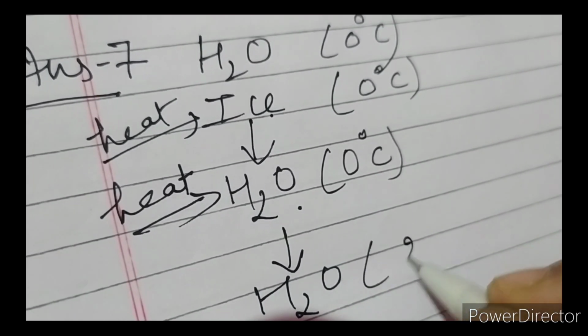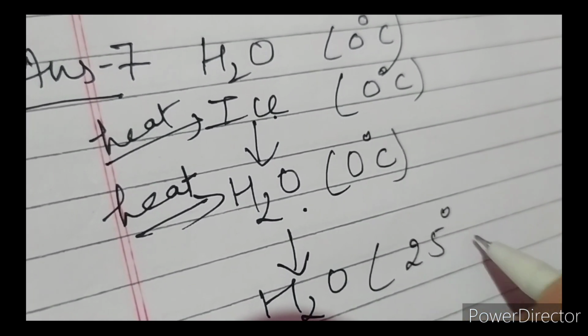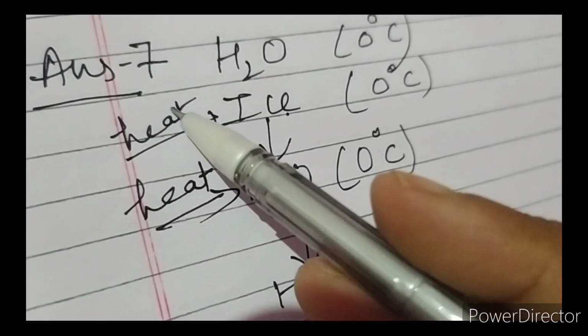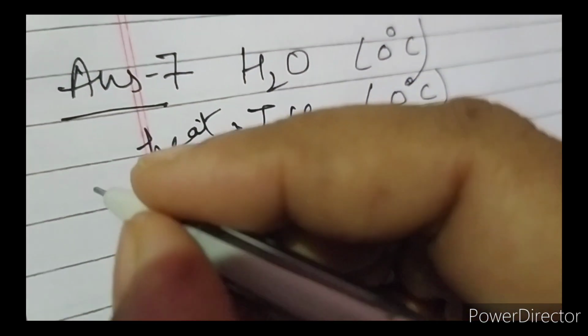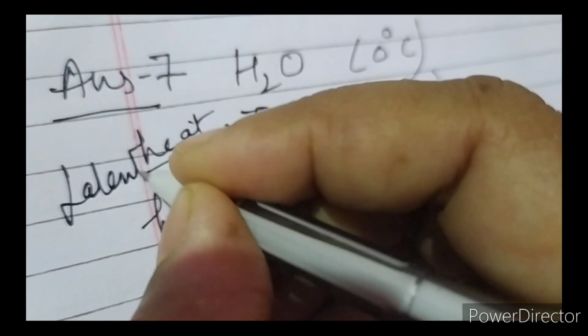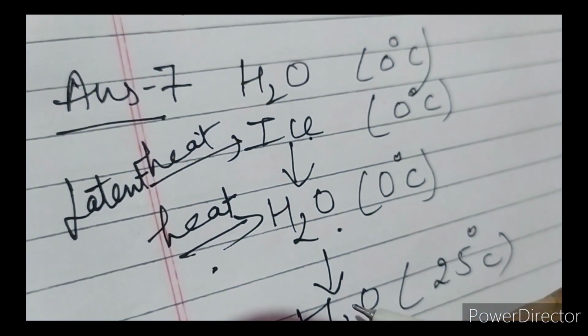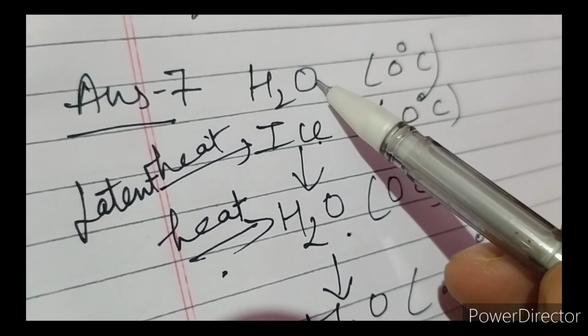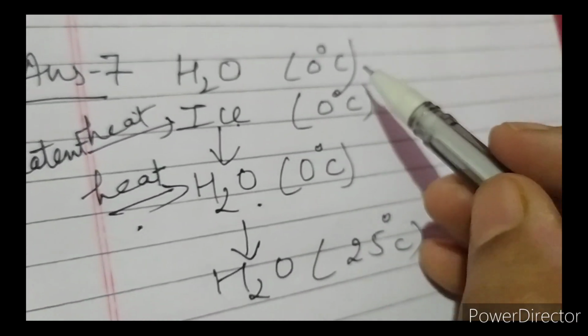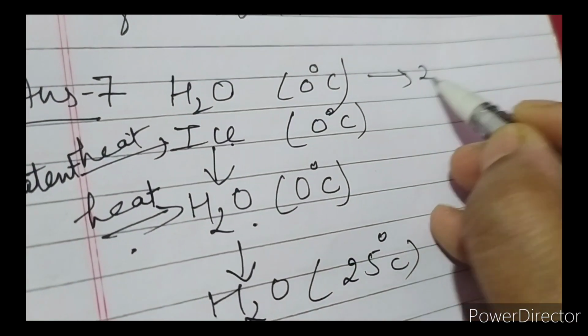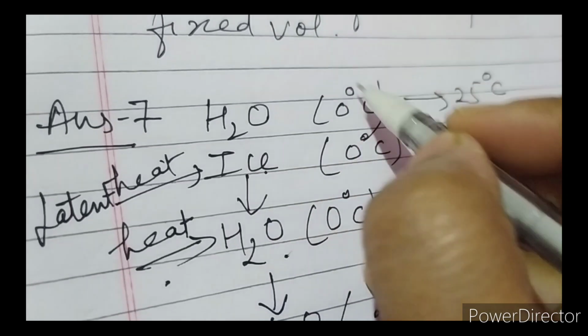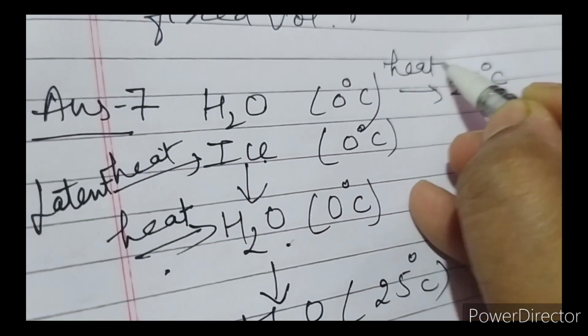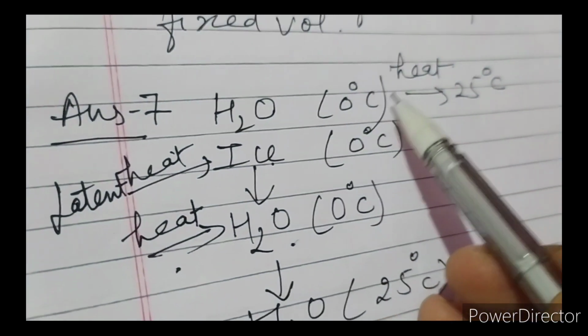Any temperature, suppose you have to convert it to 25 degrees Celsius or 100 degrees Celsius, it will absorb 2 times the heat. The first heat, which we will not notice, will be the latent heat of fusion of ice. While in this case, water at 0 degrees Celsius to 25 degrees Celsius will absorb only one heat. So this latent heat is missing here.